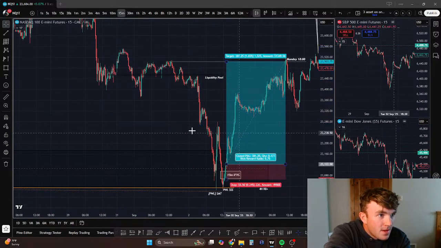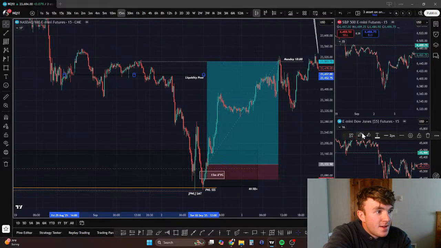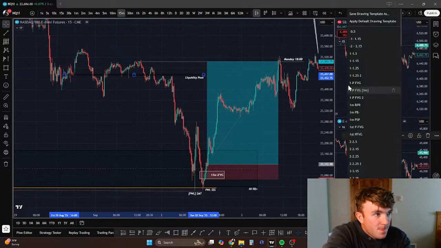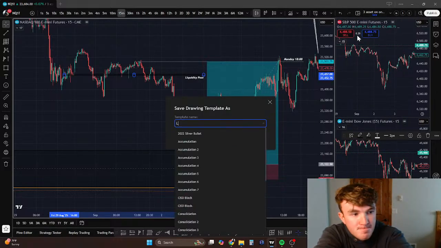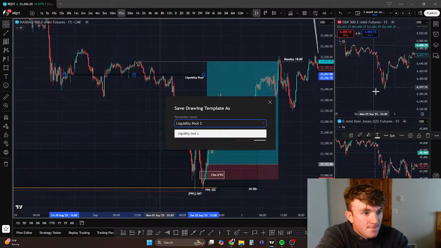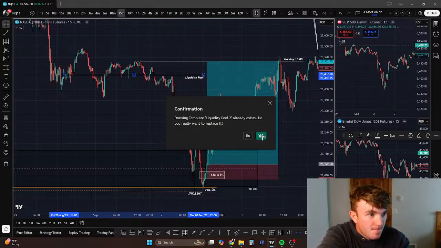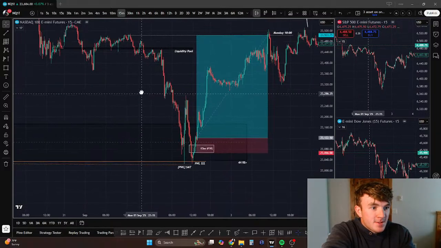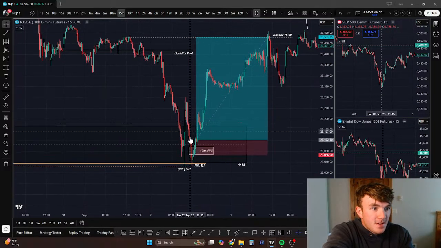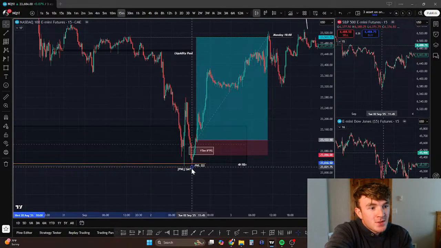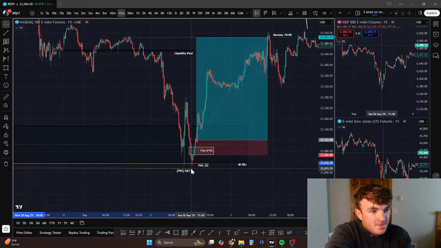So there we go. Yeah, I like this personally. You could consider this external gap, but with the previous week's low SMT, I think you could have conviction in this.